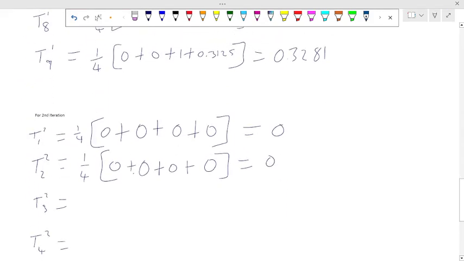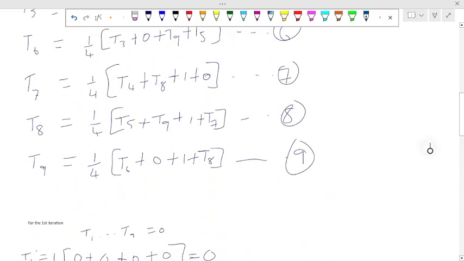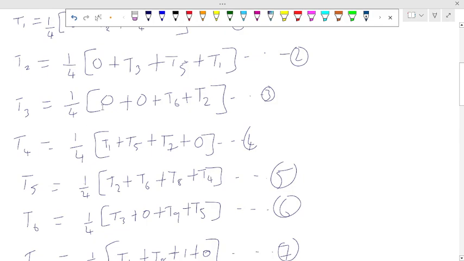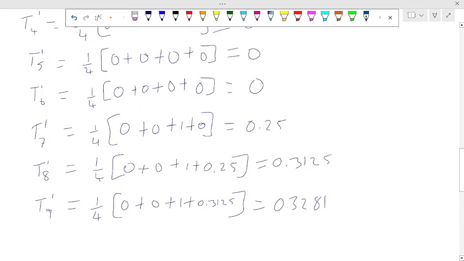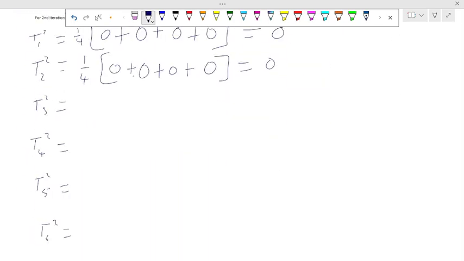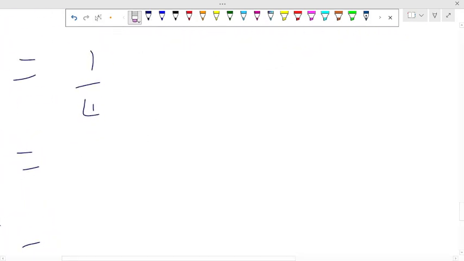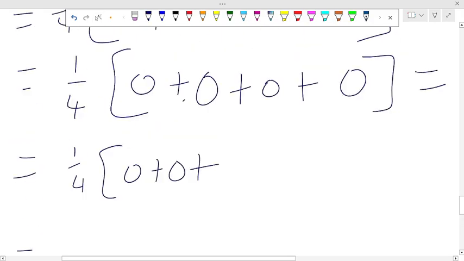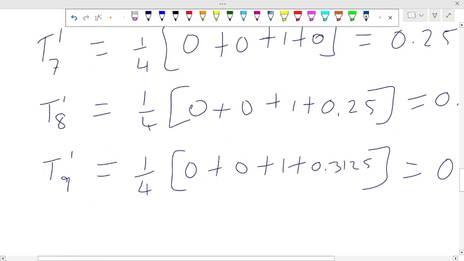Okay, now let's go for T3. So for T3, that's equation 3, we have 0 0. Then we now look at T6, look at T2. Let's go. 1 over 4. 1 over 4. 0 plus 0. Then T6 and T2.